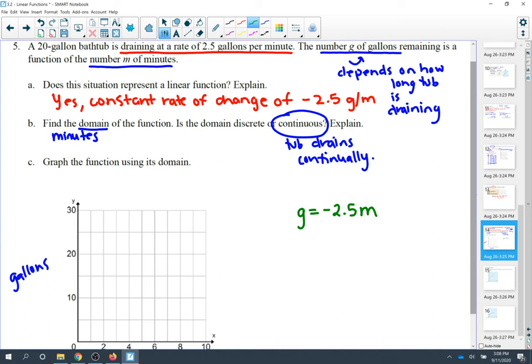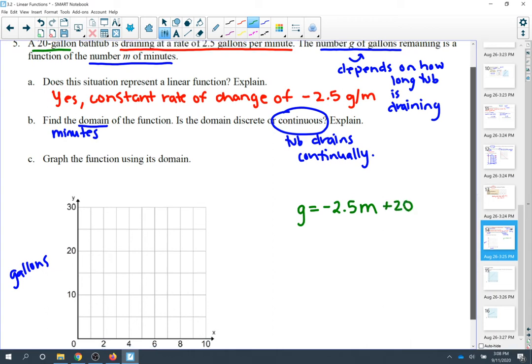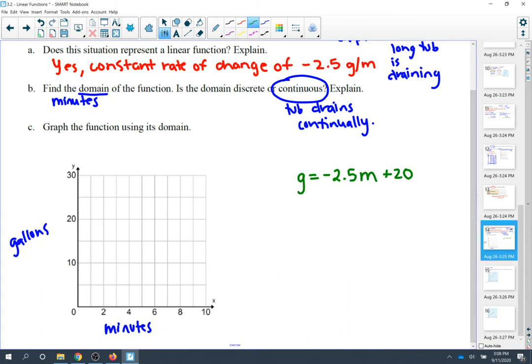So far, this is our function. But how many gallons were in the tub to start with? Well, that was 20. So I'm going to add 20. Now, back to my question. This function will represent how many gallons are in the tub at any given time.